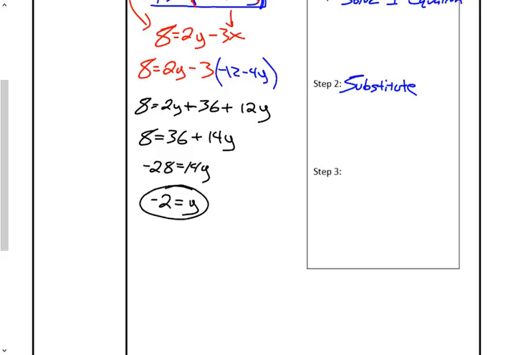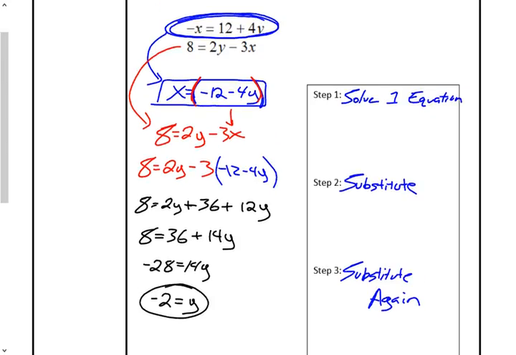there's my y equals. Now, here's why substitution isn't the greatest thing. We're only halfway done. We have to take that y, and just like we did elimination, we're going to have to substitute again. The nice thing about substitution is that I've already got one of the equations, negative 12 minus 4y.